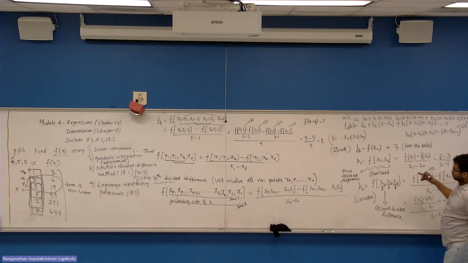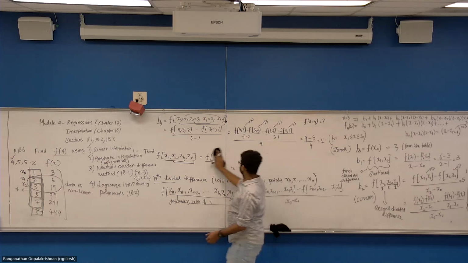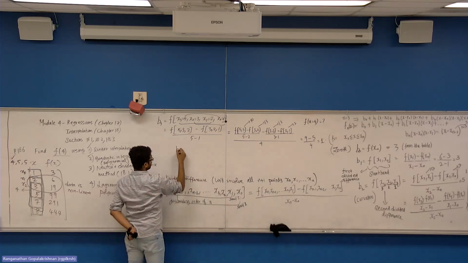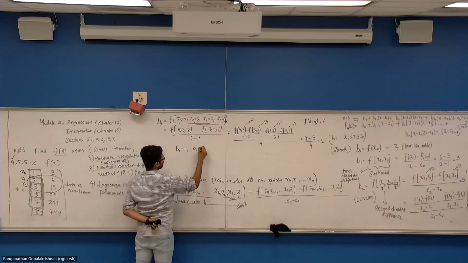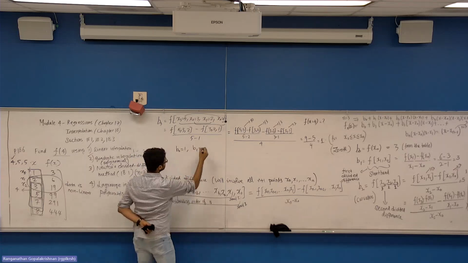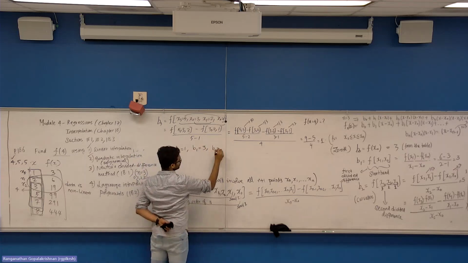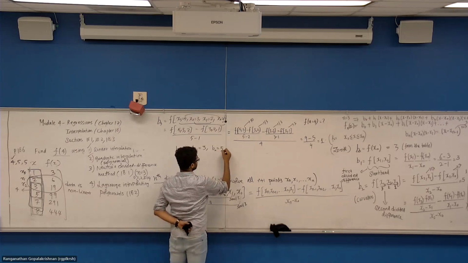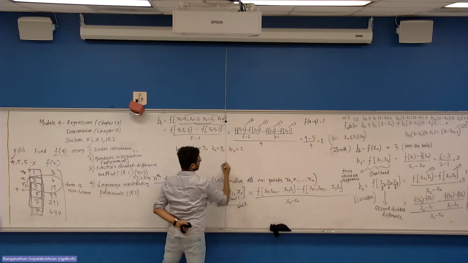So we got to put everything in one place. We have b0 equal to 1, b1 equal to 3, b2 equal to 5, and b3 equal to 1.